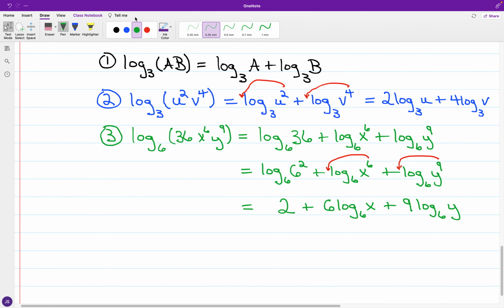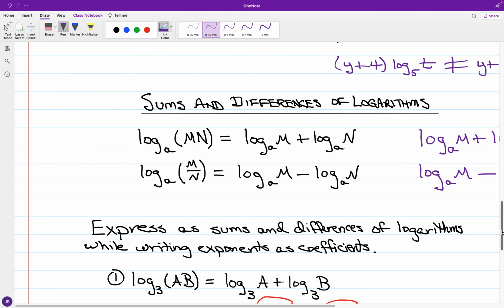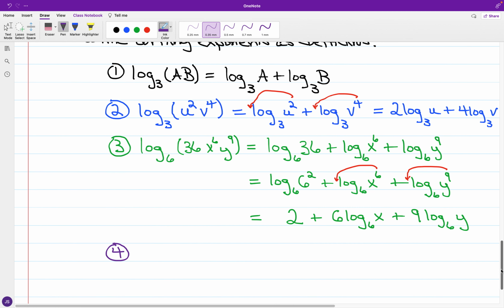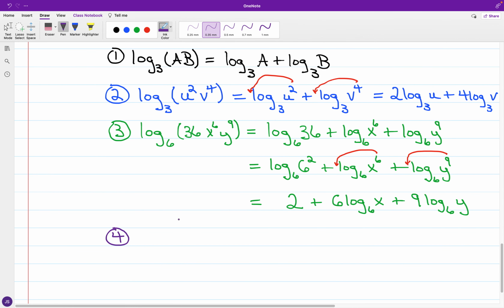And so far we've had the operation of multiplication in the argument. Now we have linking division with subtraction. We have this property: the base a logarithm of m over n is equal to the base a logarithm of m minus the base a logarithm of n.